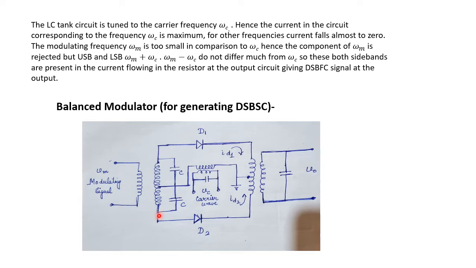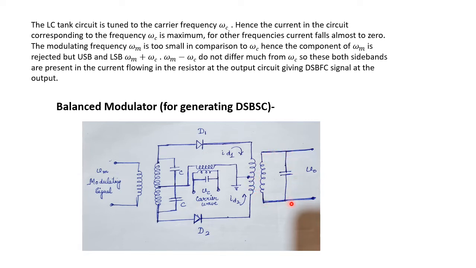In addition to that, two diodes D1 and D2 are used, and the transformer at the output circuit is providing a tank circuit: the secondary of the transformer and a capacitor which is connected across the secondary. They both form a tank circuit which will be used as the selective circuit.